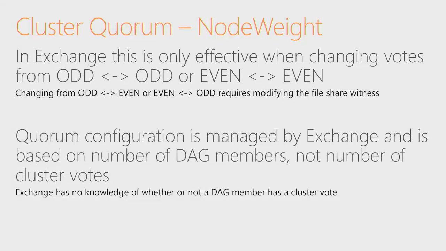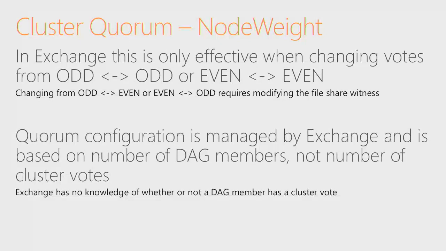And now I decided to vote weight out one of those nodes, and now I have an odd number of votes. Should an odd node cluster have a file share witness? No, it shouldn't. So that means that you as the administrator would have to go into the cluster and remove the witness. Now, what happens when you run an Exchange commandlet that modifies a property of the DAG? The witness comes back, right? And why'd the witness come back?